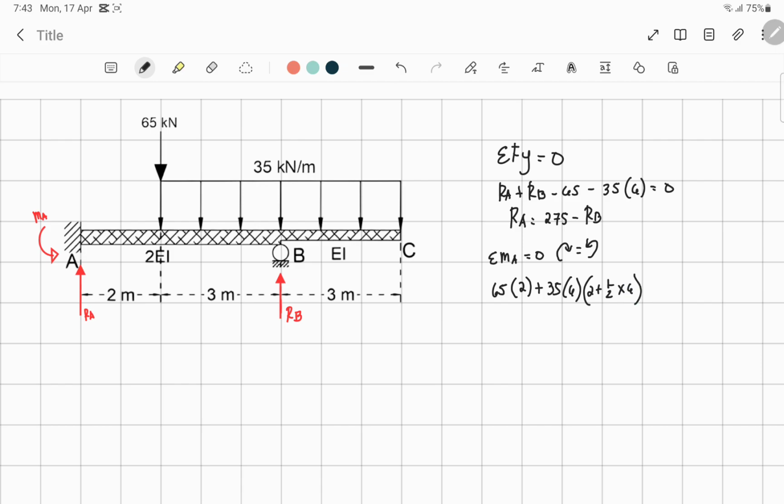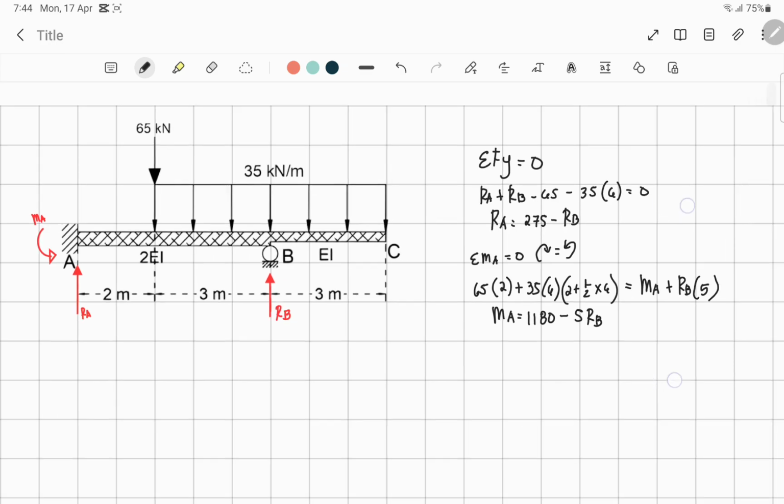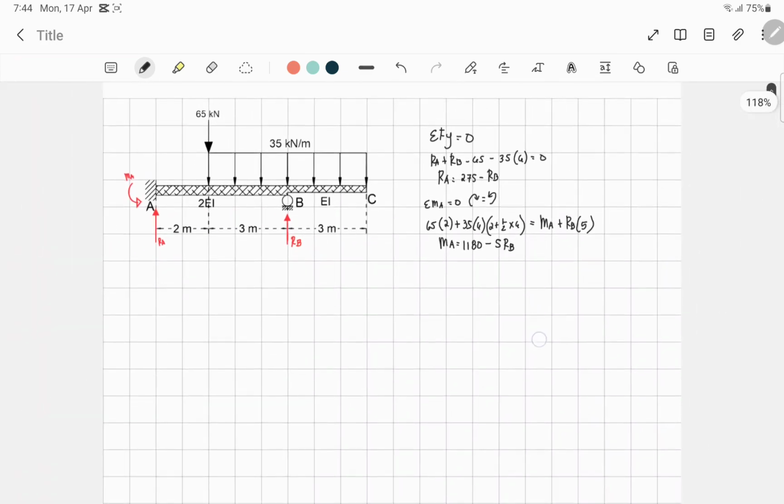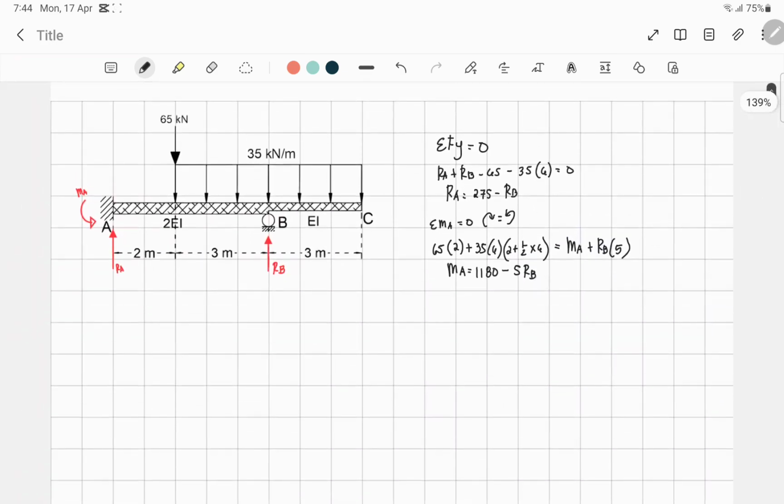Okay. And then our counterclockwise na moments, MA and ito, counterclockwise na RB. RB times moment arm niya na 5. Okay, so solving MA in terms of RB, makukuha niya itong sagot na to. So kindly check na lang sa inyong mga respective na places. Okay? So this is our reactions in terms of RB.